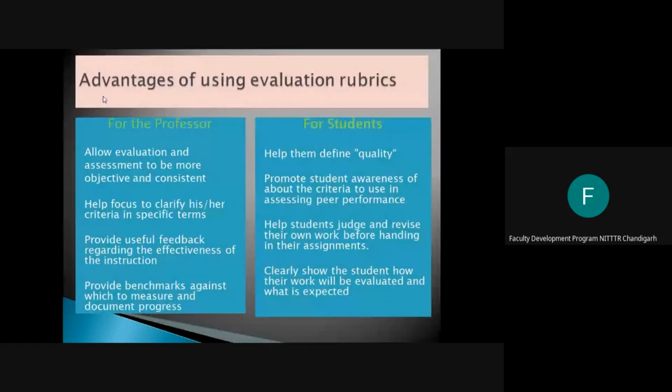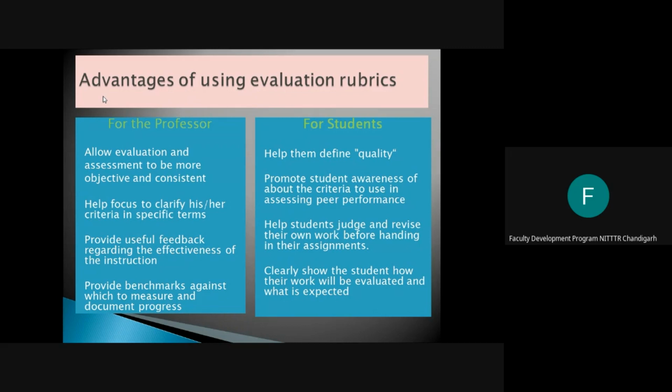So what is the advantage for the professors, teachers, and for the students? If you are going through this session for the first time, and you have heard of rubric for the first time, then my friend, you will see that evaluation is very, very objective.